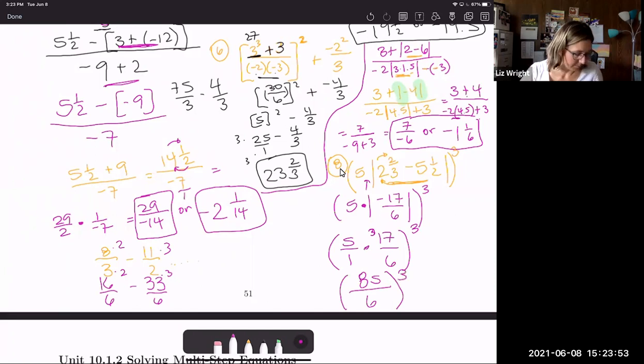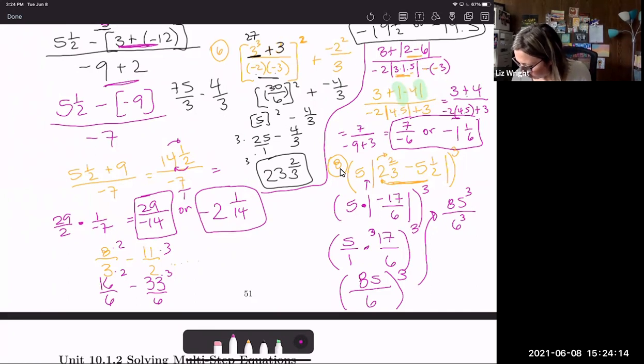So that is the same, by the way. I'm going to come back up here. As us saying 85 times 85 times 85, or we could write it like this, 85 cubed divided by 6 cubed. And then it's divided by 6 times 6 times 6. So I'm going to put that one in my calculator. 85 to the 3rd power is giving me a large number.